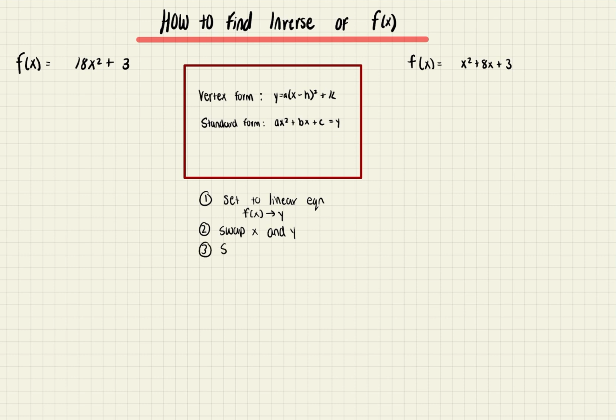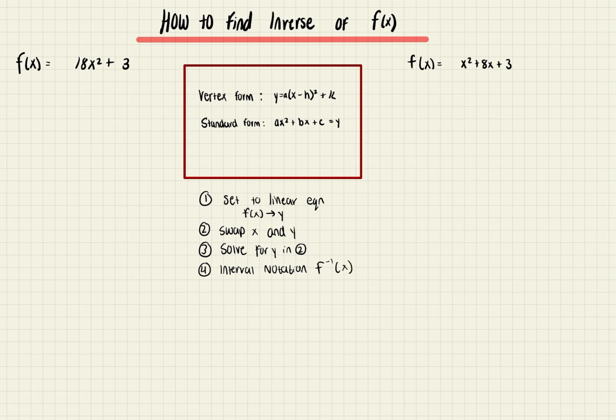Step 3, solve for y in equation 2. And step 4, I'm just going to write it in inverse notation. Basically put it in as inverse notation in your solution, and that is just f to the negative 1 of x.